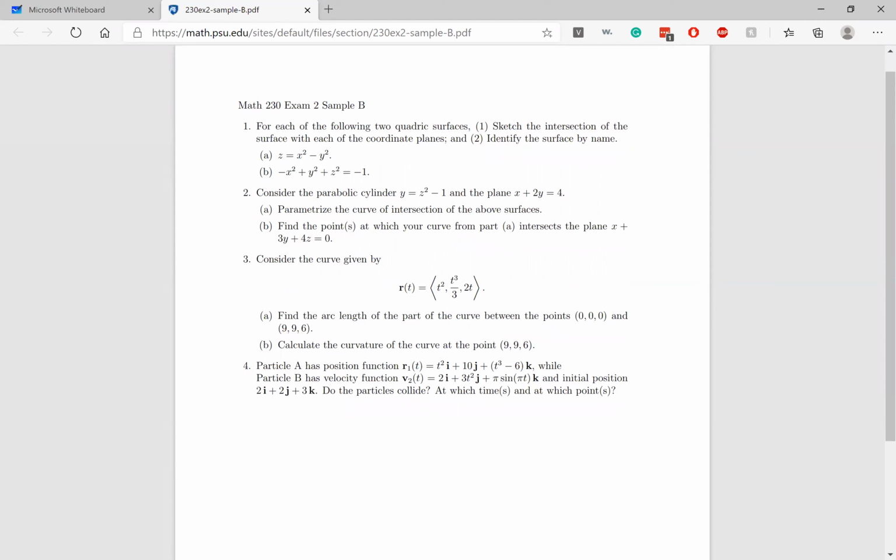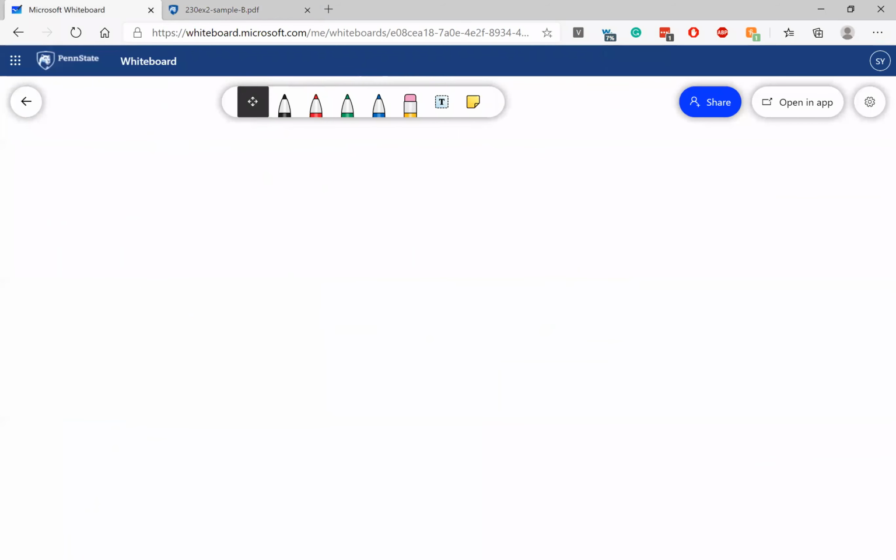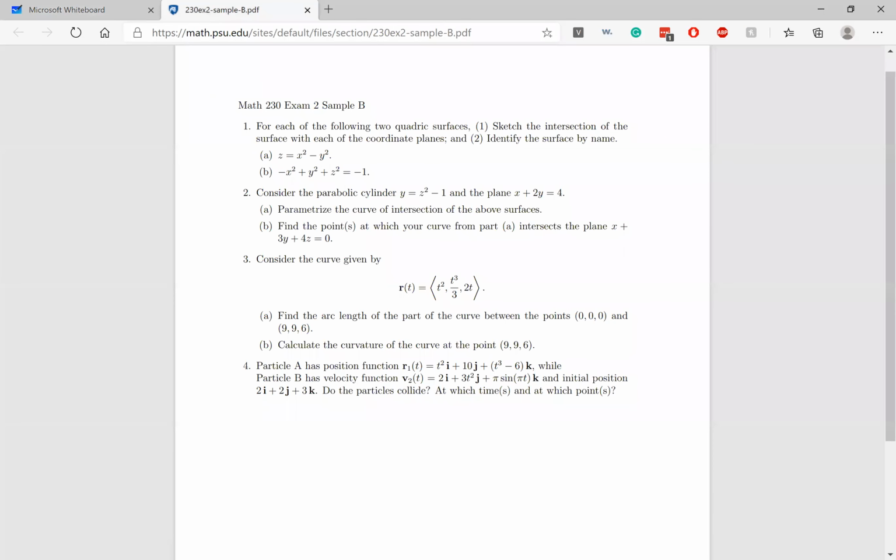But okay, consider the curve given by r of t is equal to t squared, t cubed over 3, and 2t.